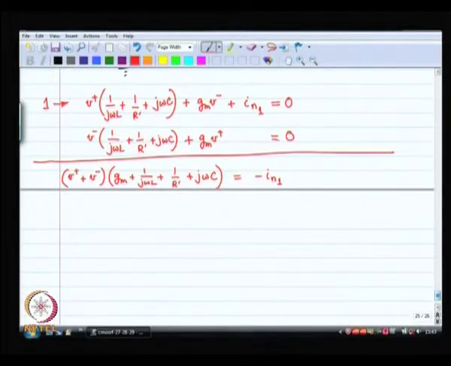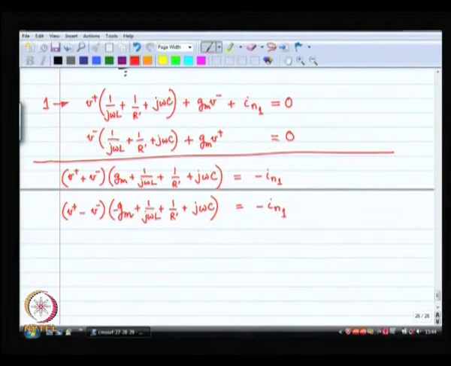Okay. And next what you can do is you can subtract the two equations one from the other, and you are going to get V plus minus V minus times minus G m plus 1 by j omega L plus 1 by r prime plus j omega c is equal to, okay.